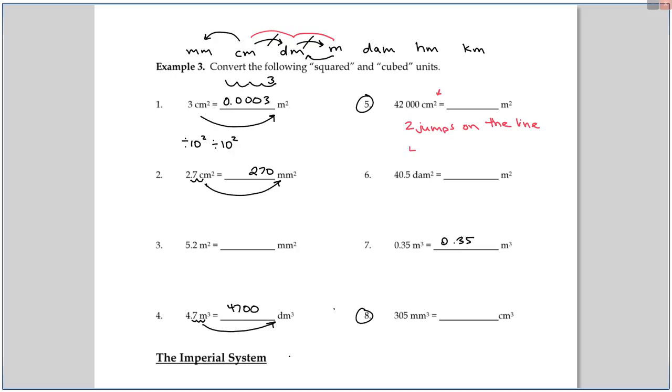So that's 4 decimal moves. Centimeter to meter, the unit got bigger. Good, so unit bigger, number smaller. So we'd move the decimals to the left. Good. It's 4 times. 1, 2, 3, 4. 4.2.